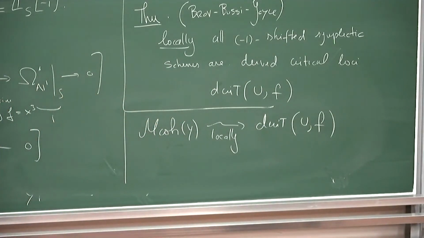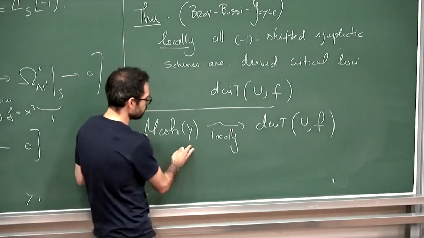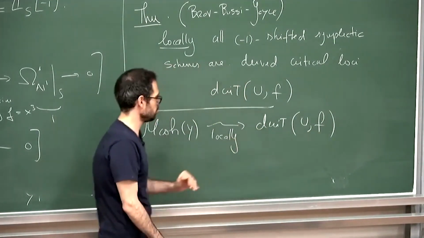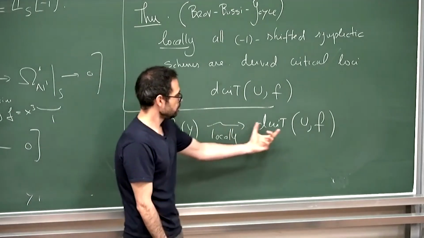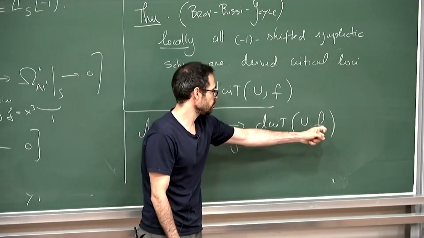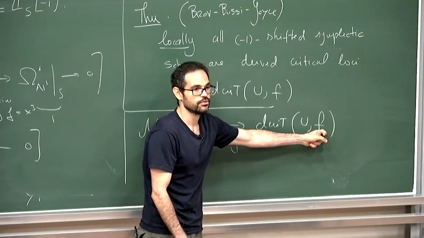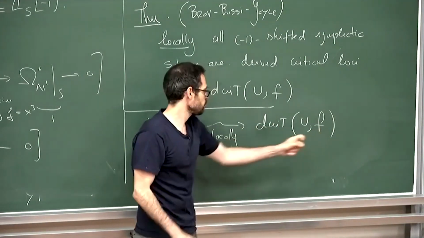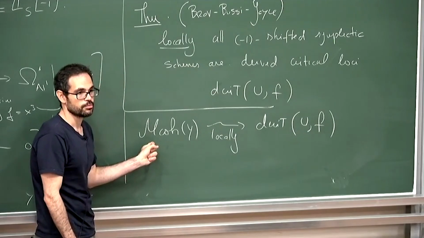So the whole point of the story I want to tell you about is the following. If this guy locally is given by a function and a scheme, I can try to glue local information about the singularities of f, the different f's I have patching my moduli space, into a global invariant of this moduli space.